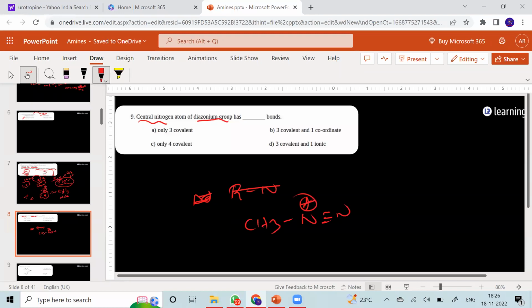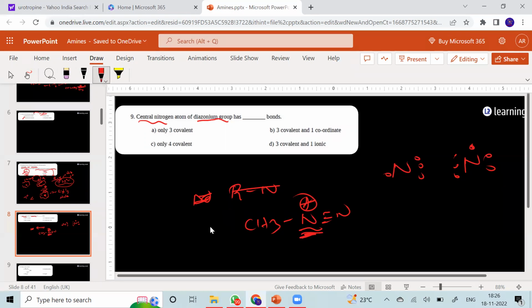Now, if you are wondering how I am getting this, we can draw the Lewis structure to check. For the central nitrogen, I'm going to have 5 valence electrons, and for the other nitrogen atom also 5 valence electrons. Now this nitrogen has a positive charge, so instead of 5 valence electrons it will have only 4.